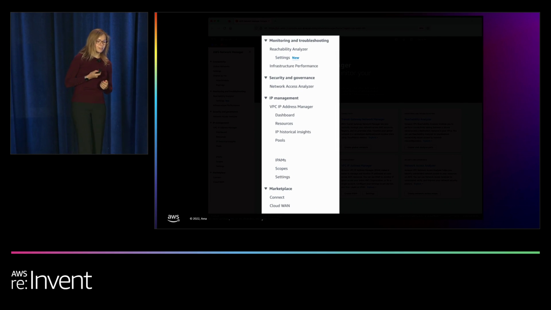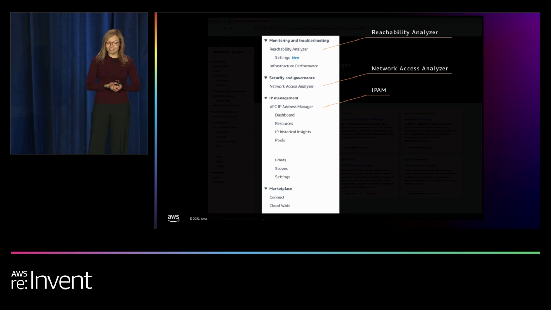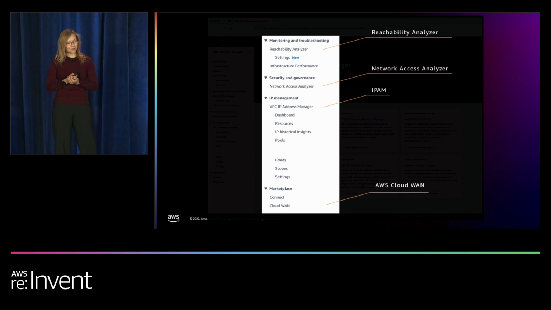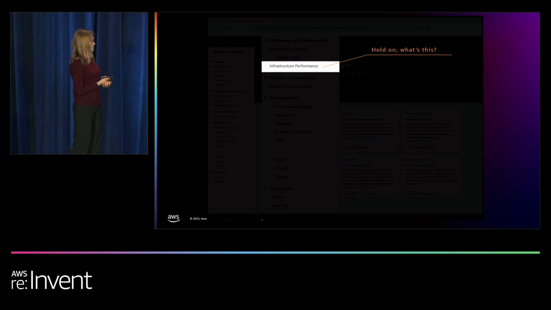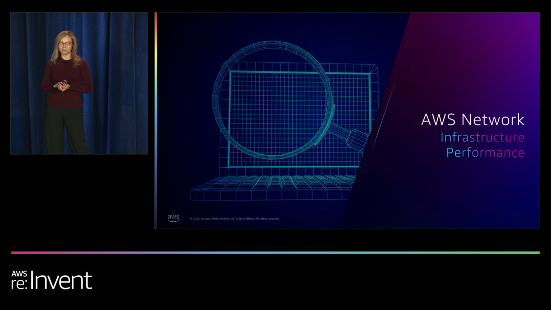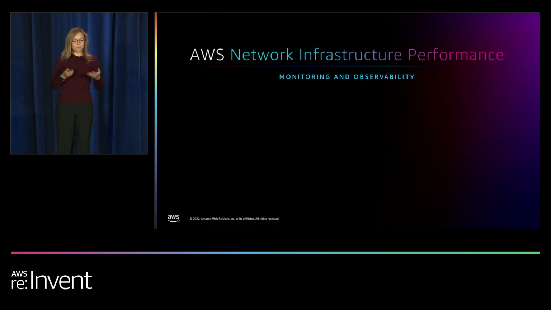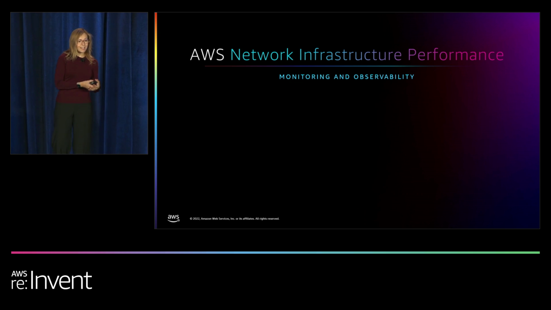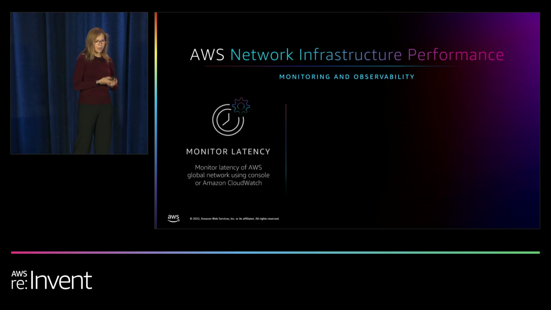And we have here Reachability Analyzer, we have Network Access Analyzer, we have IPAM, we have Cloud WAN, and we have Infrastructure Performance. This seems new, right? If you folks are familiar with Network Manager. It is new. For the first time, we are publishing the AWS monitoring and observability data for the AWS Global Backbone.